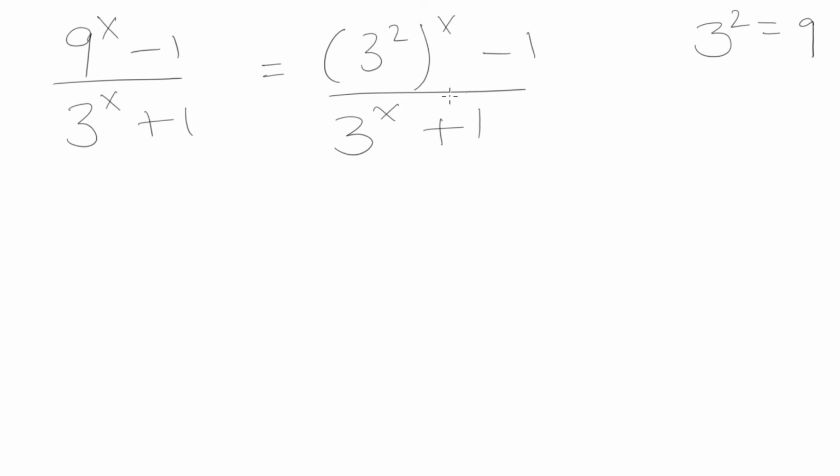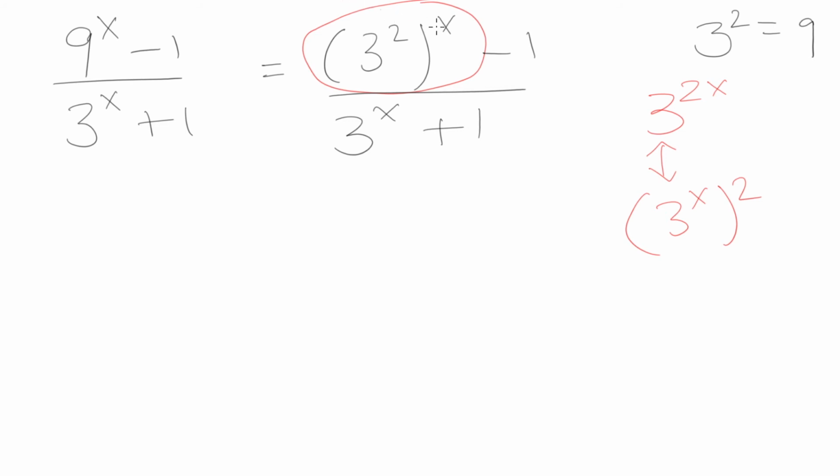And now something that you might recognize is that this term here, 3 squared to the power of x, is the same thing as 3 to the power of 2x, because by our exponent laws, when we have an exponent in brackets raised to another exponent, we're just going to multiply these together. And this is exactly the same thing as 3 to the x, squared, again by that same law here.